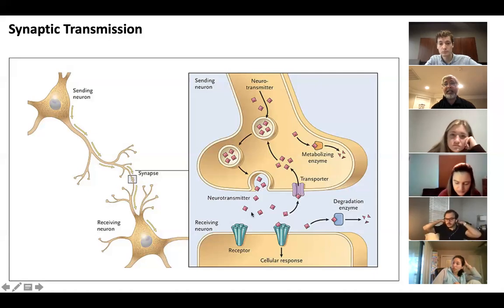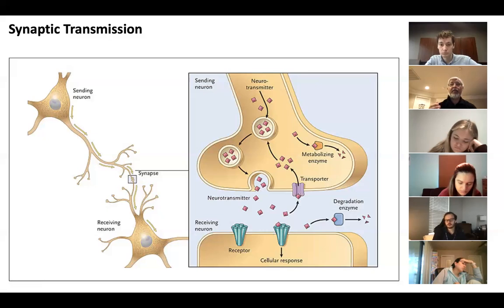Glycine is an inhibitory neurotransmitter that will bind to the specific receptors present in the postsynaptic membrane, and it will inhibit the membrane. So there will be no depolarization on the postsynaptic membrane, which means this signal will not travel any further because it is inhibited at this junction, at this synapse.